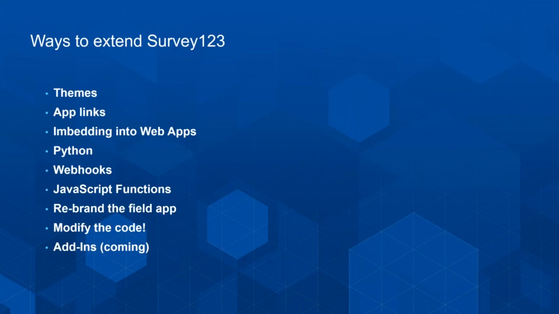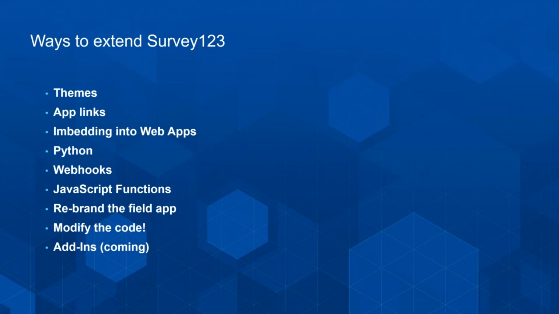As for the different ways to extend it, there are various parts of Survey123 and various ways you can extend it. We have Survey123 themes, which are basic color changes of the online forms that you're creating.